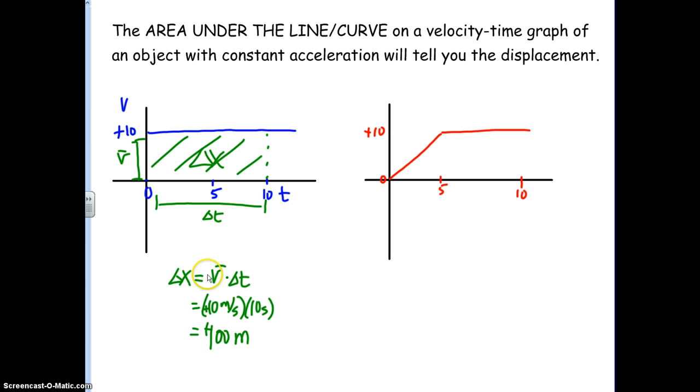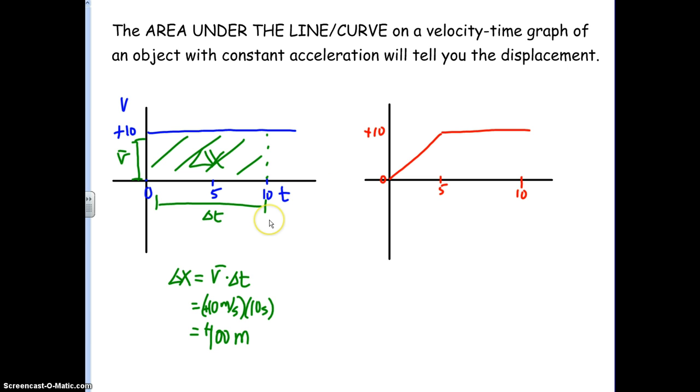So if you take the definition of average velocity as displacement over time, and rearrange it algebraically, you can see that 10 meters per second times 10 seconds gives you the 100 meters, which is the area of this rectangle under the line from 0 to 10. And so what we can say is the area under this line tells us the displacement. The area of a rectangle is base times height.